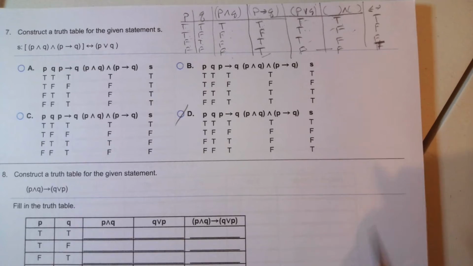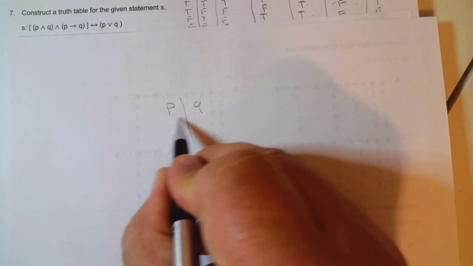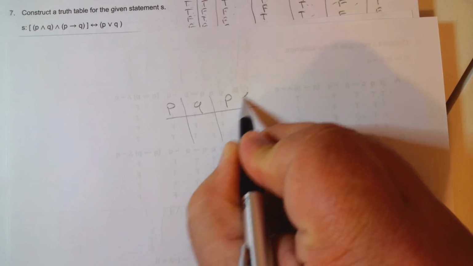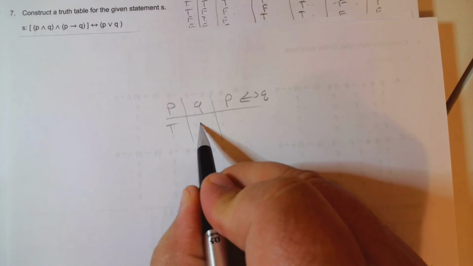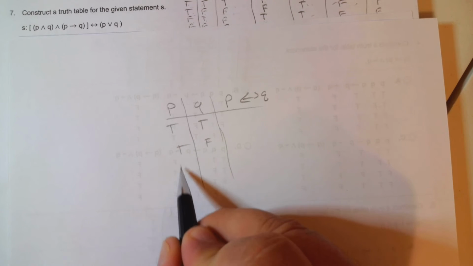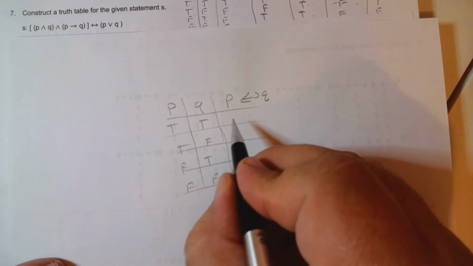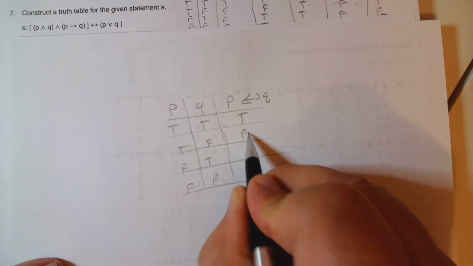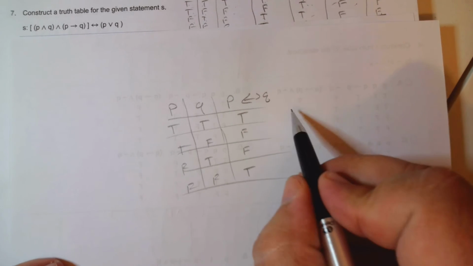Because in the biconditional, P if and only if Q. True, true, true, false, false, true, false, false. False, false, true. Because you have to go both directions.